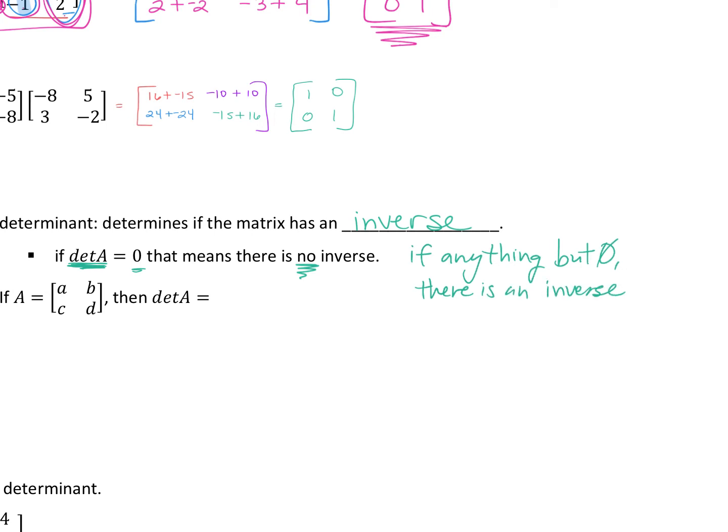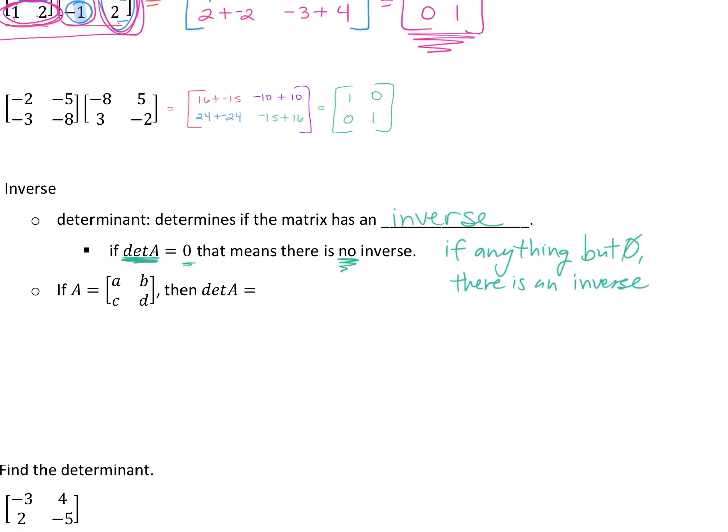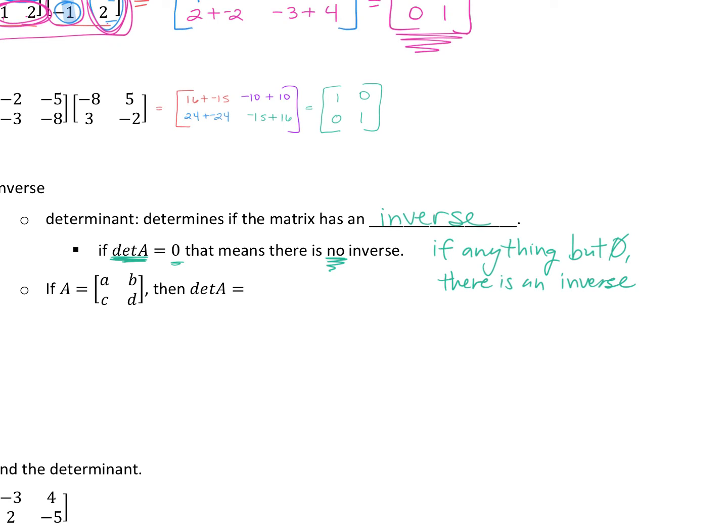So if you get a determinant of 17, there's an inverse. If you get a determinant of 36, there's an inverse. If you get a determinant of -7, there's an inverse. The only time there is no inverse is if your determinant equals 0. Okay? So here's how a determinant works.